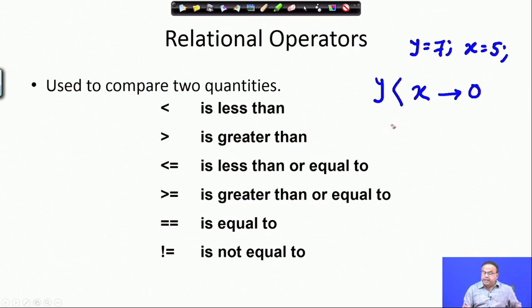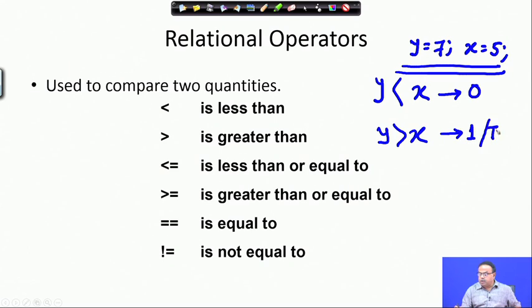Similarly, for greater than, y greater than x will return me, for this particular value set, true, 1. Conceptually we can say true, but this true cannot be represented as true in a computer, in C it is represented as 1. Less than equal to, in this case what would have happened? y less than equal to x. Is it true or false?